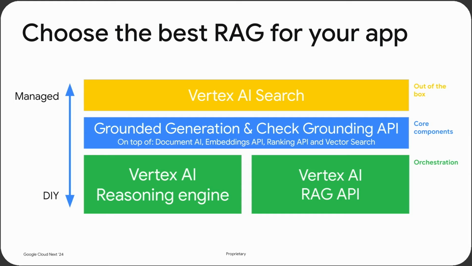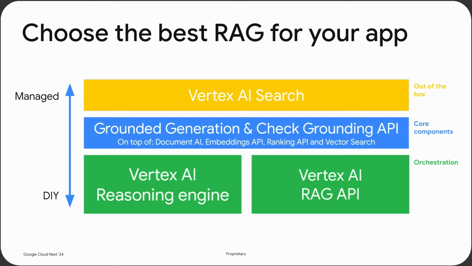Which LLM should I call? This is all built directly into Vertex AI Search. We're also seeing customers, for example, yesterday Charles Schwab was talking about it, that they're using the search capabilities of Vertex AI Search, but then build their own answer generation capabilities and their own custom logic on top.